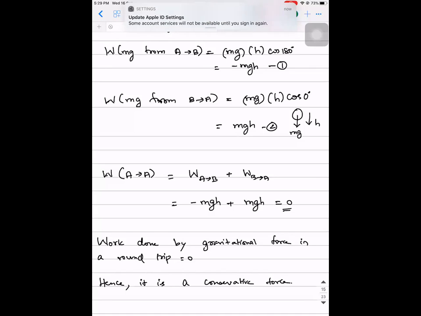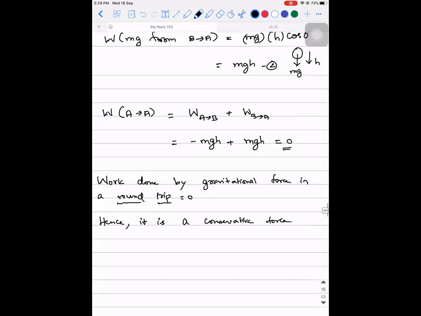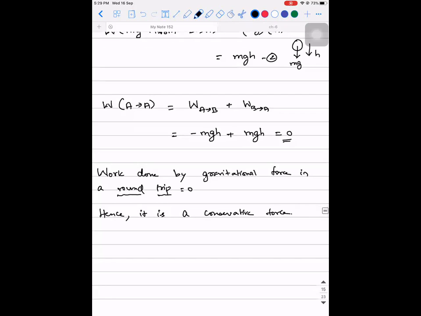Total work. Total work done in what? Round trip. That is the word you need to concentrate on. Round trip means if you go from one place to another and then come back to the same place, that is called a round trip. If the work done in that round trip by any force is 0, then that force is what is called a conservative force. Okay. So write another important point about conservative force.